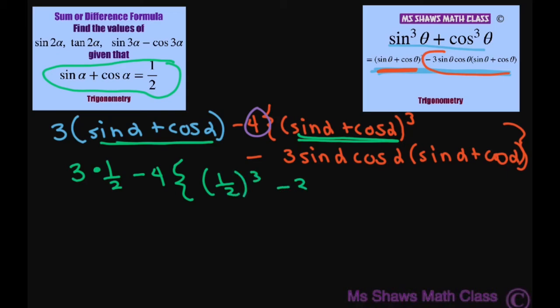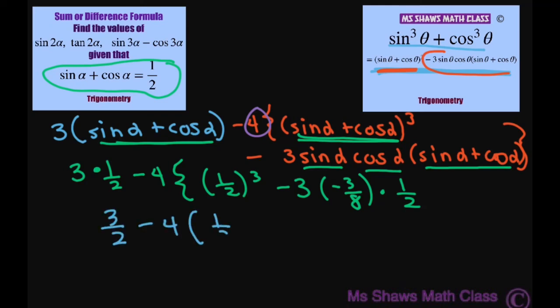Then we have minus 3 times sine of alpha cosine of alpha. So that's going to be 3 times negative 3/8 for that one. And then this one right here is going to be 1/2 again. All right, let's see what we're going to get. So this is going to be 3/2 minus 4 times 1/8.